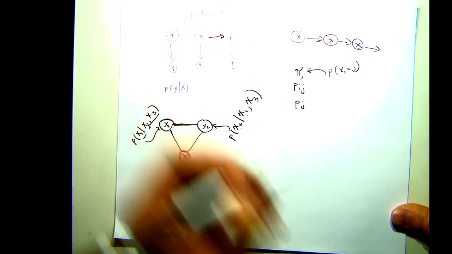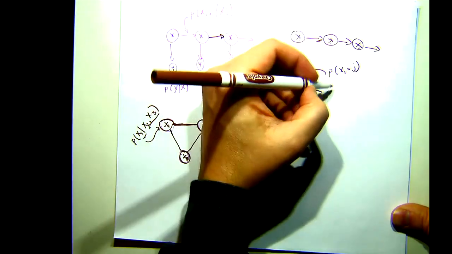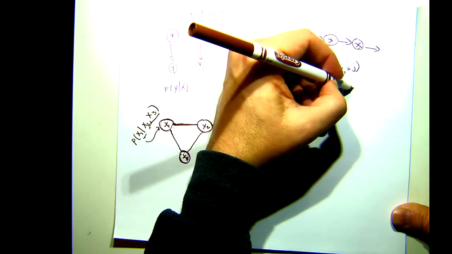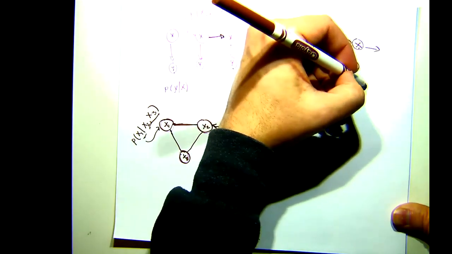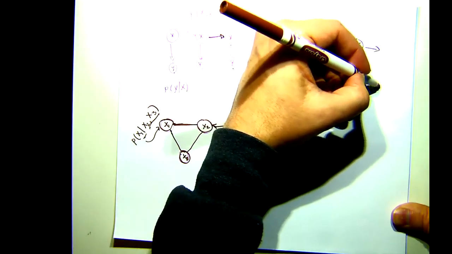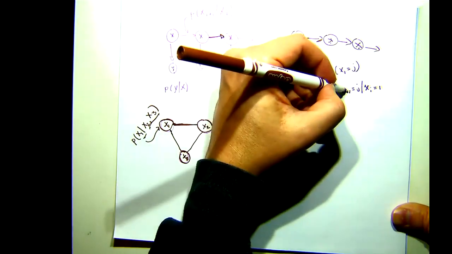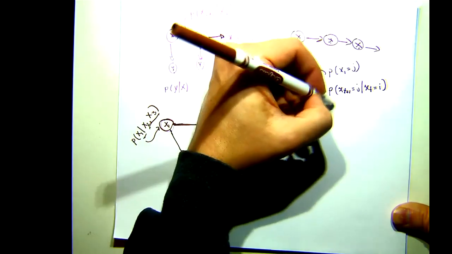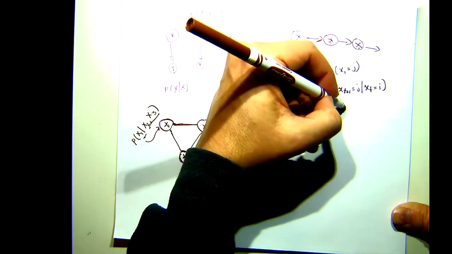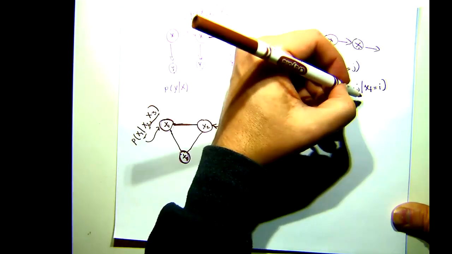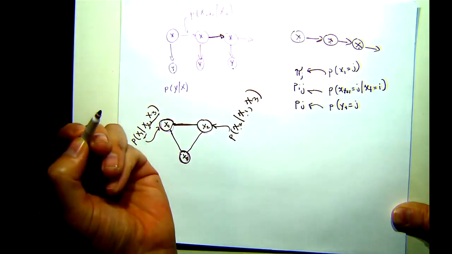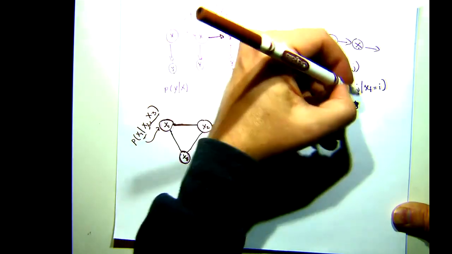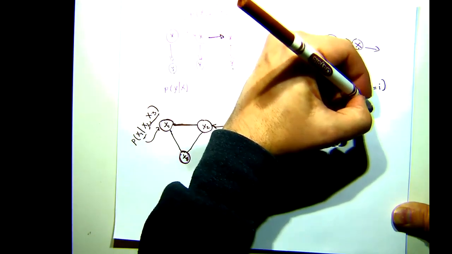This is the transition probability, the probability that x(t+1) equals j given xt equals i. And this is the probability that yt is equal to y given that xt is equal to j.